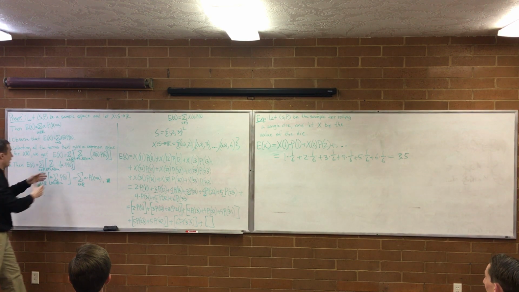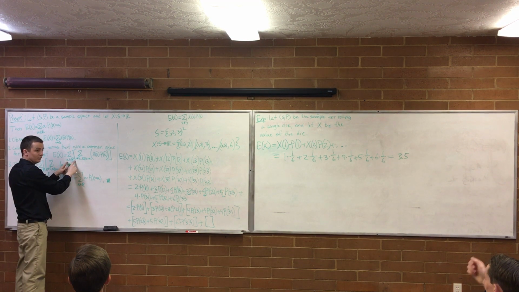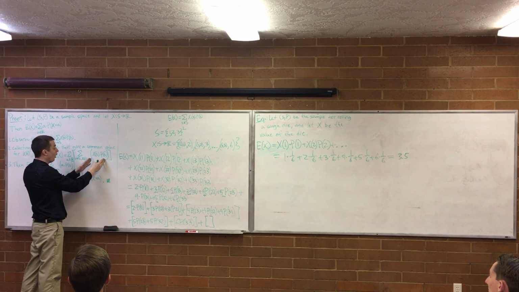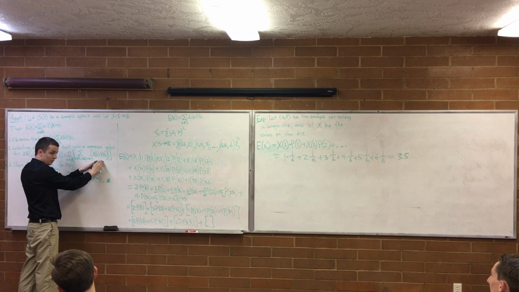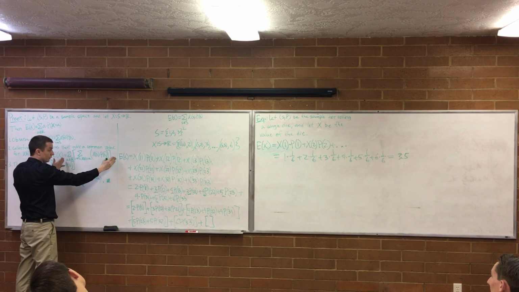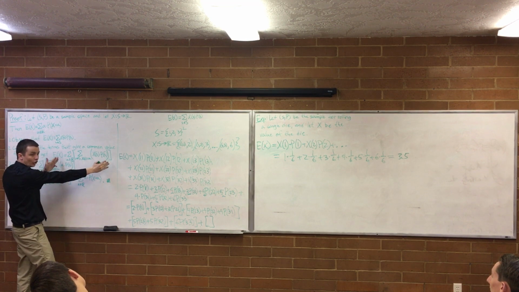For every real number, add up all the x of s's times p sub s's that gave A for x of s. And do that for every real number. And we calculated all of them.